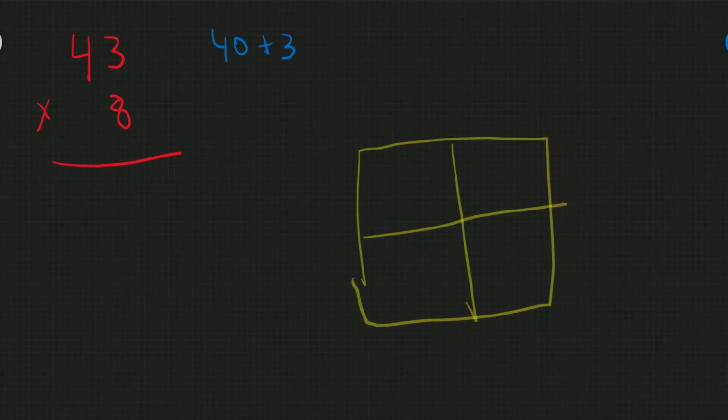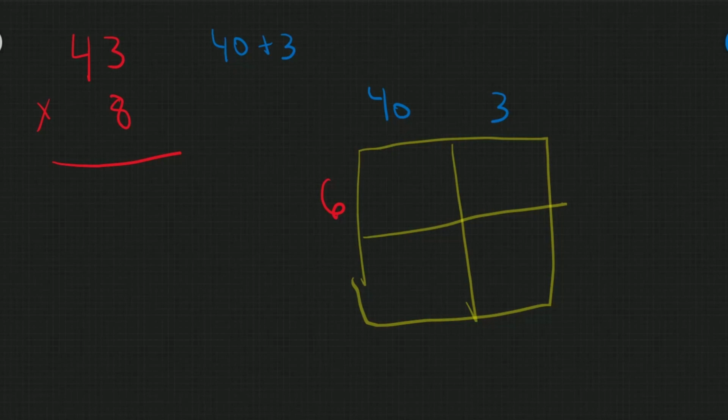For our window, we're going to put 40 and 3 here. Again, doesn't matter which way you put it. I'll put the 6 here. You can put the 40 and 3 lengthwise or widthwise. It doesn't matter as long as you've got 43 by 6 or 6 by 43. Doesn't matter. Math is commutative.